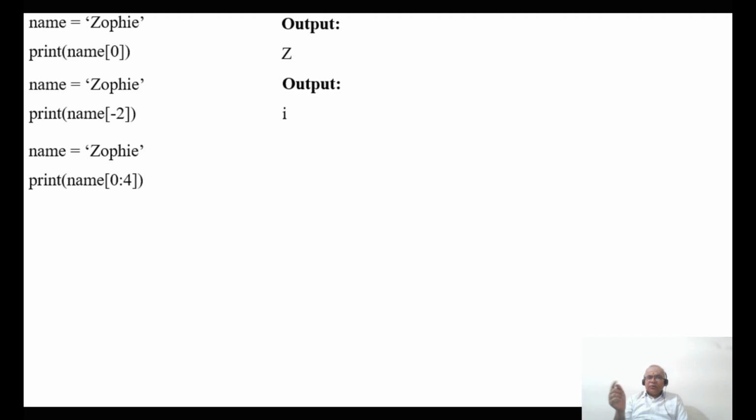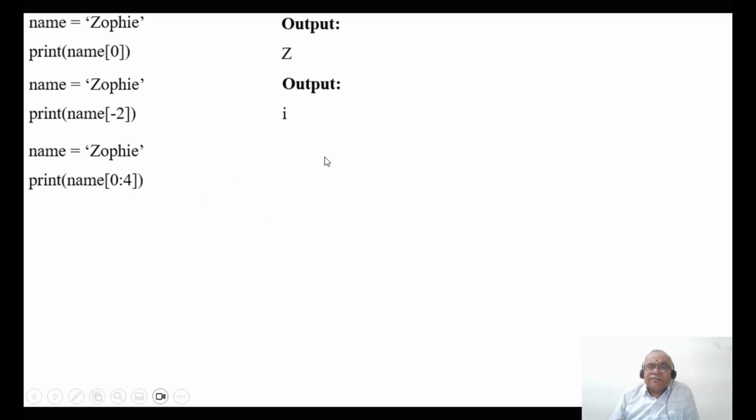The end index is always excluded: when it starts from the left side, it includes that index, and at the end it does not consider that index; only the ones prior to it are considered.